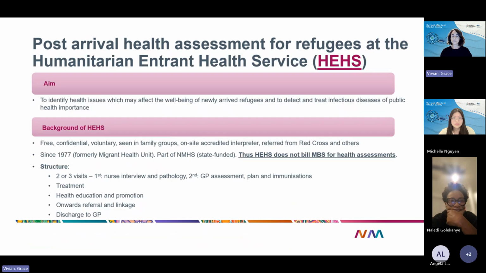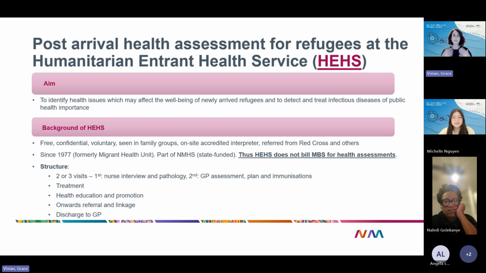What happens for refugees when they get to Australia? As I mentioned, they're referred from Red Cross through to us at HES. We aim to identify health issues which may affect the well-being of these newly arrived refugees. Traditionally, when our service started in the 70s, this was all about infectious diseases, making sure that tuberculosis was screened for, amongst other things.